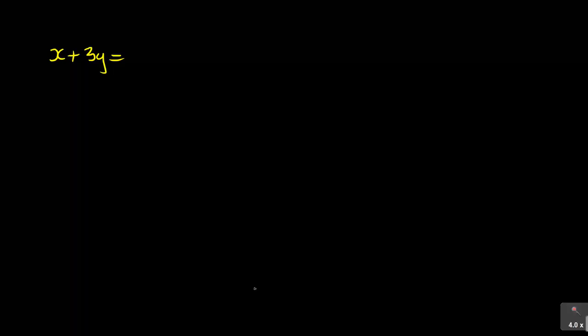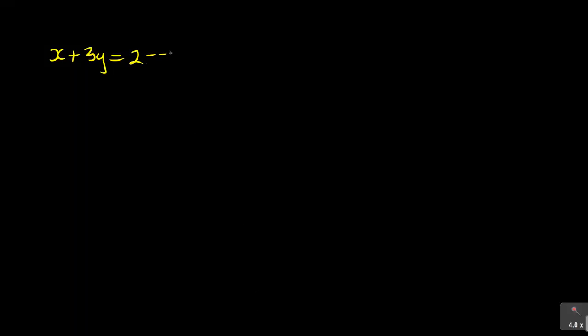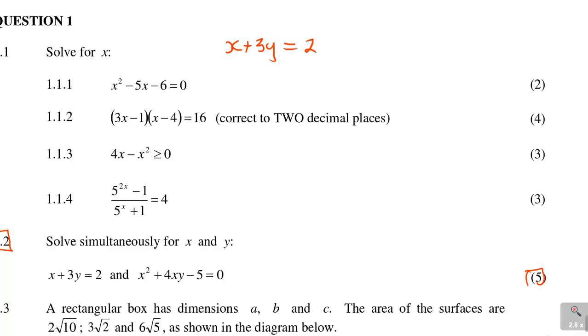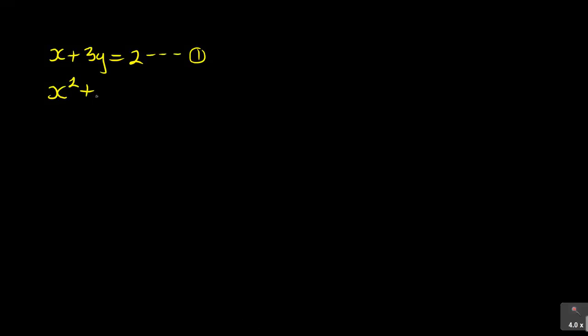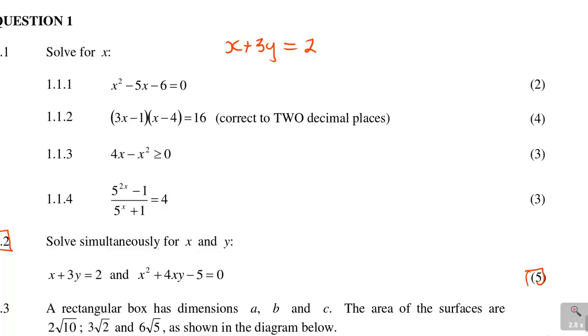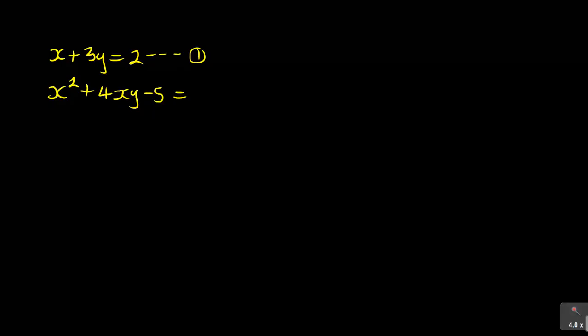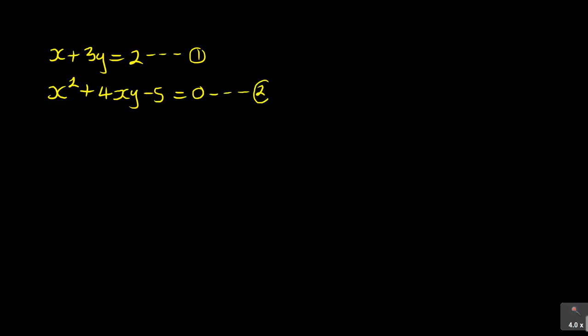We call this equation 1, and the other one is x squared plus 4xy minus 5, which is x squared plus 4xy minus 5 equal to 0. Right, this is our equation 2.